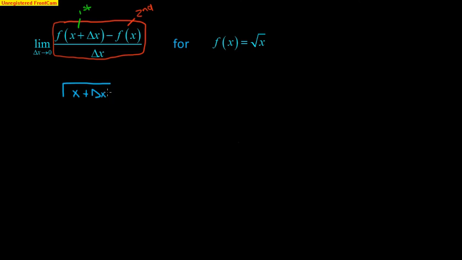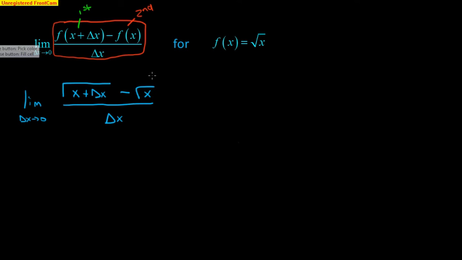I got to subtract the original. So subtract f of x. So that makes that a minus radical x. And this is all over delta x. So I got the limit now as delta x approaches 0 of this. Now if I try direct substitution right now, 0 goes in for delta x, and I got radical x minus radical x. That's 0, and I get 0 over 0 again.